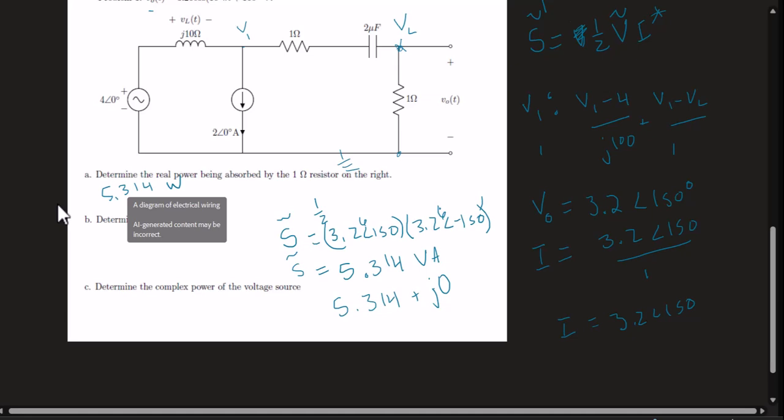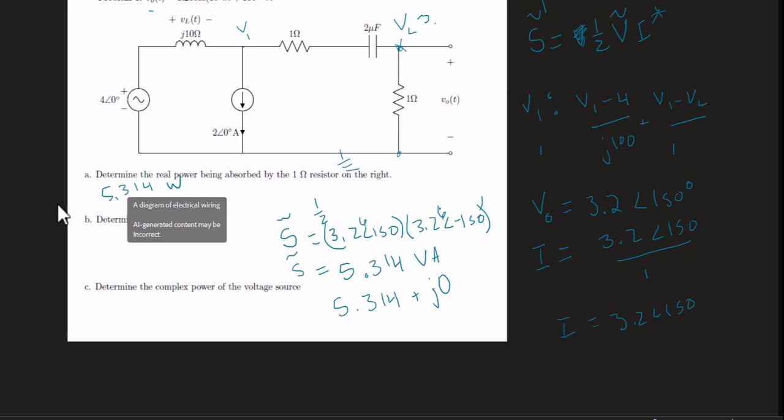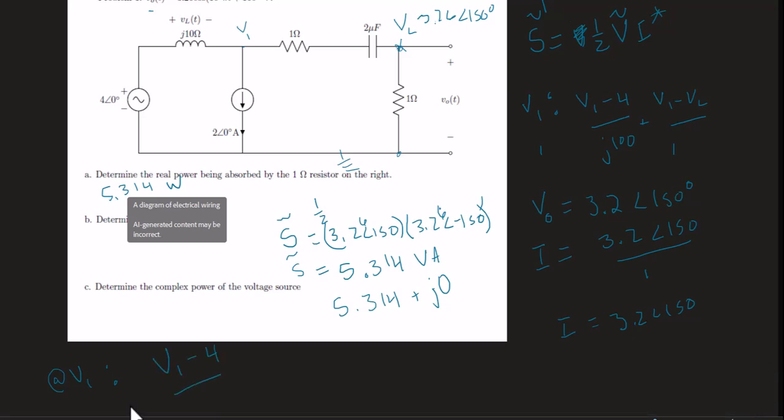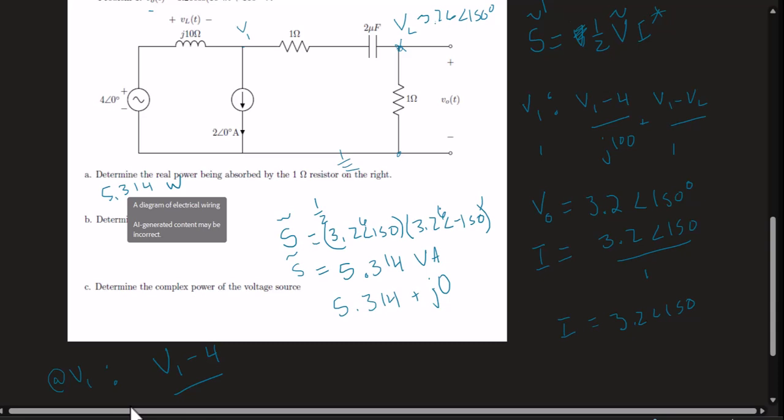So VL is 3.26 angle 150 degrees. So at V1, I would say V1 minus 4 over, I'm going to move this up, but you won't be able to see the circuit diagram.